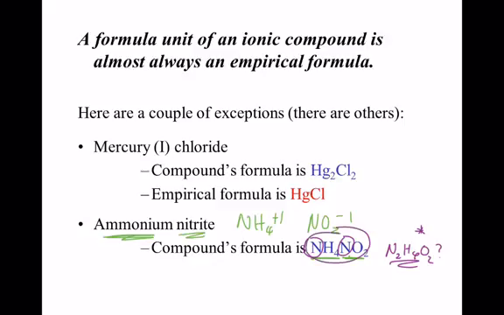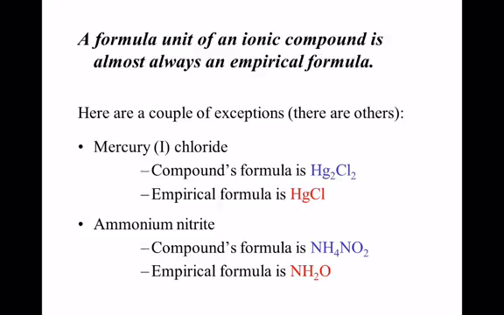So with that in mind, of course, since we have 2, 4, and 2, we could divide everything by 2 and end up with the empirical formula of NH2O. So those are just kind of some weird examples. They don't really make sense when you go back to the compound itself, but it's an empirical formula.